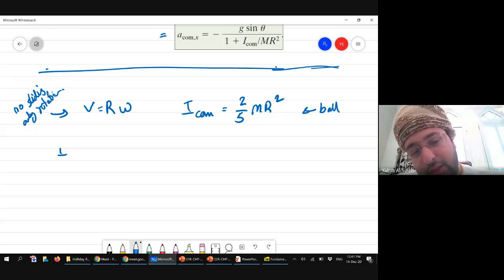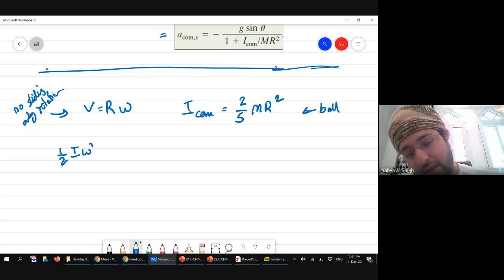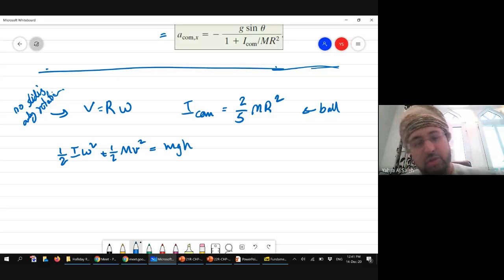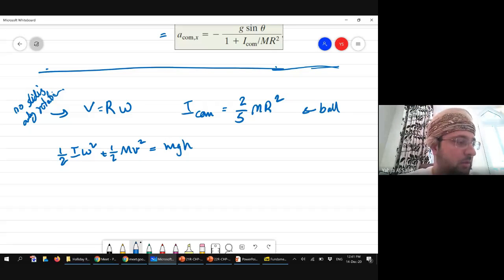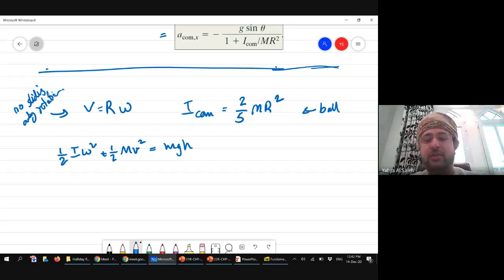So I have half I omega squared plus half mv squared equals mgh. 2/5 because it's a ball. If you go back to chapter 10, when we introduced the concept of center of mass and inertia in the beginning of chapter 11, we gave a list. Balls are 2/5 mr squared.